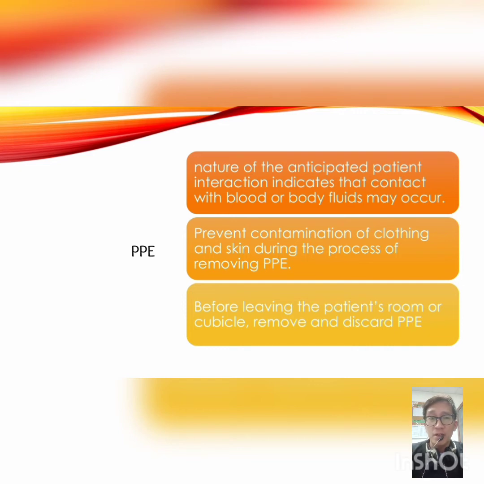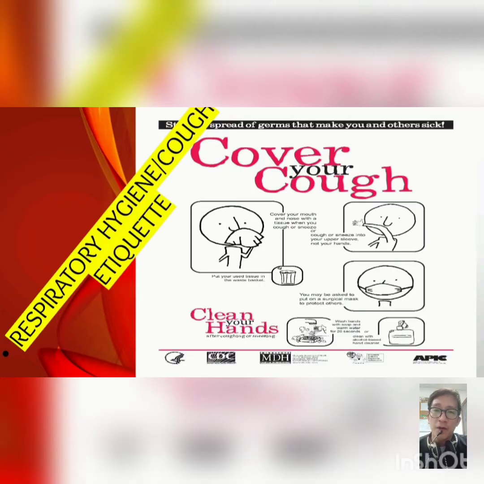Depending on the possible exposure that you will be encountering, wear a face shield or goggles, and a mask to cover your eyes, mouth, and nose in cases where you will be handling or doing procedures that involve aerosols, splashes of blood or body fluids.